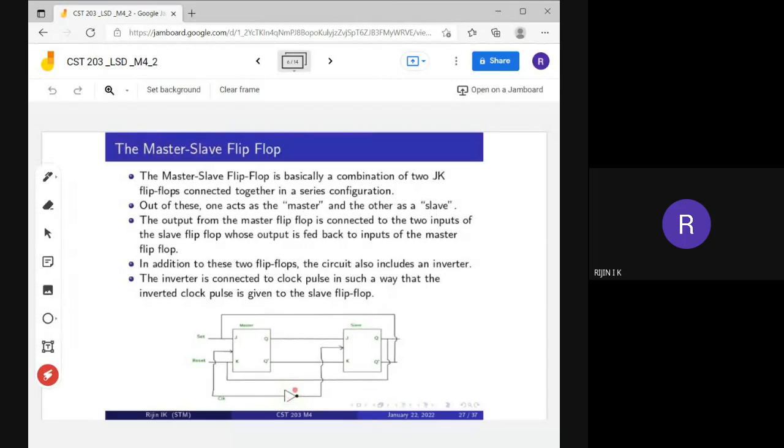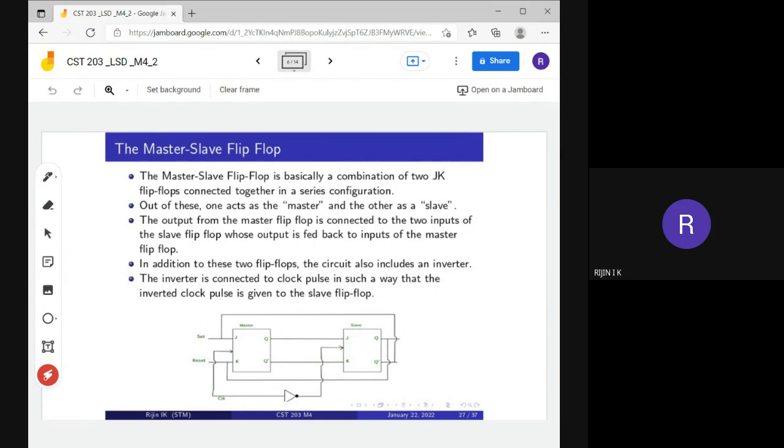The inverter is connected to the clock pulse, in such a way that the clock pulse is first inverted and then connected to the slave flip-flop. So this is our clock; the clock pulse is inverted here and connected to this slave flip-flop. This is the configuration of master slave.